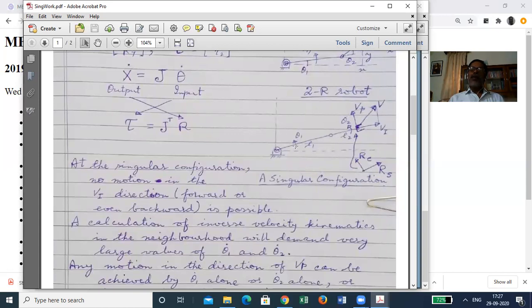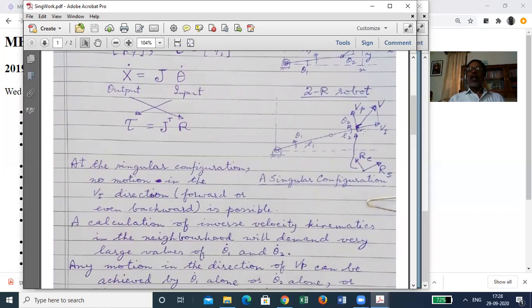And if you give input to only the second joint, any theta2 dot that you give also will produce an end effector velocity in this direction, which is the velocity possible direction. Okay. Now what happens if a velocity is required in this direction, which has a component Vp, which is possible either through a motion here or through a motion here or through some combination.